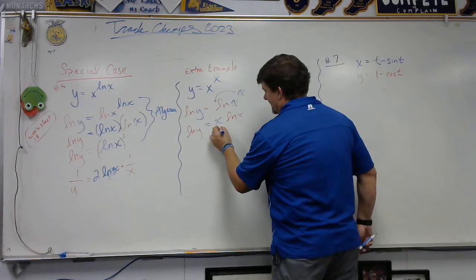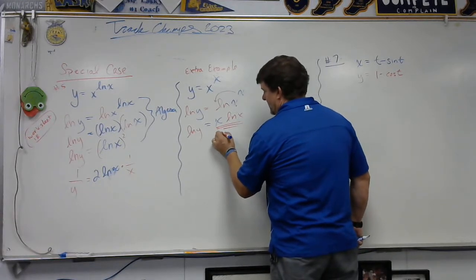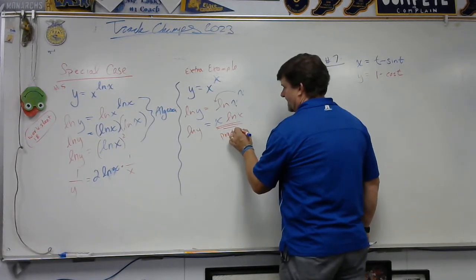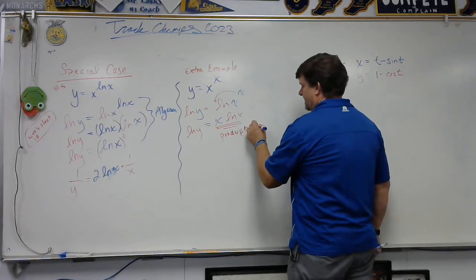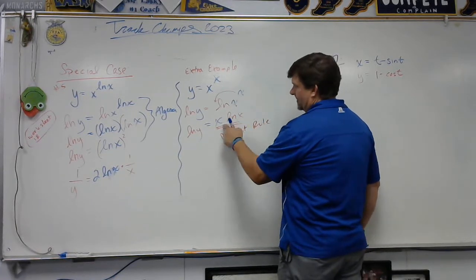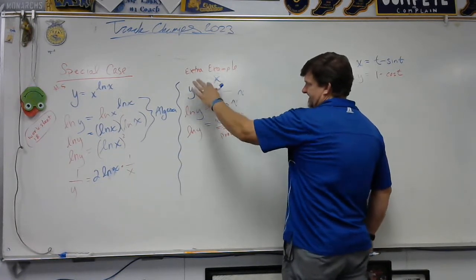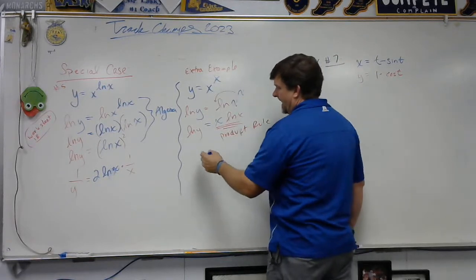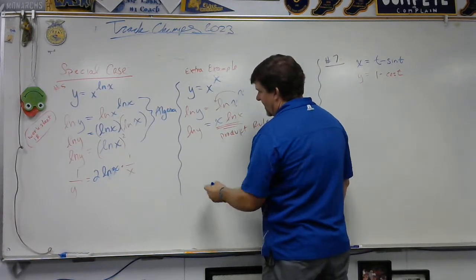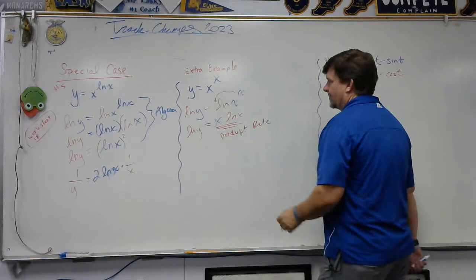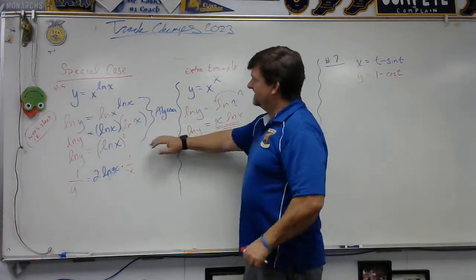Now this becomes a product rule, which is a lot easier to work with than this. See, this isn't easy to work with. This is. And then we would take the derivative and get 1 over y with the product rule. So that's the special case scenario.